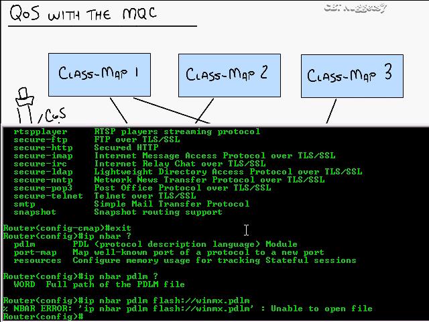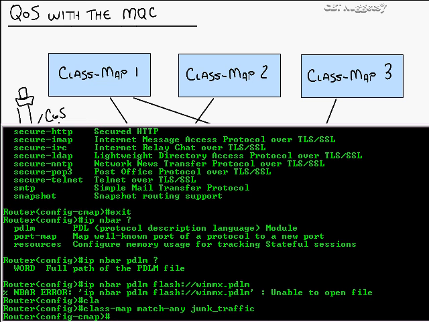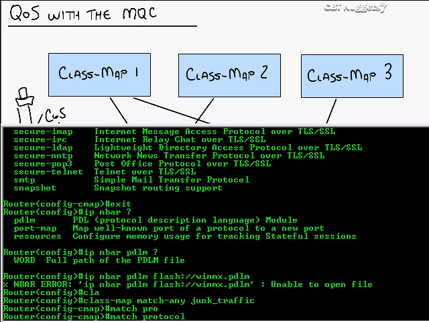Now, we haven't even gotten into limiting. Remember, at this point, all we're talking about right now is classifying, matching these traffics and figuring out what class they fall in. We haven't even marked them yet. So let me get back into that. Actually, I hit the up arrow a couple times. Class map junk traffic. What I can do is I can say match protocol. I'm using nbar now.